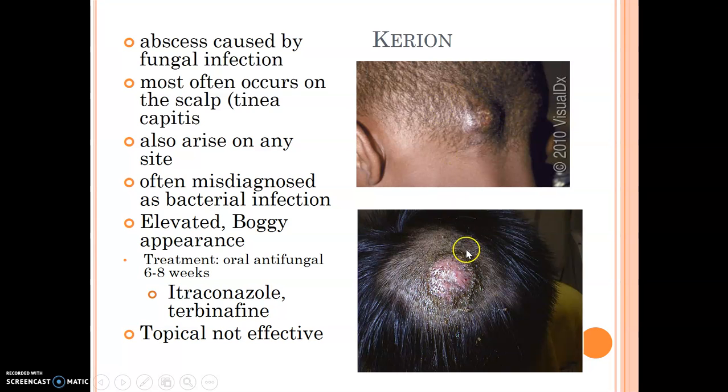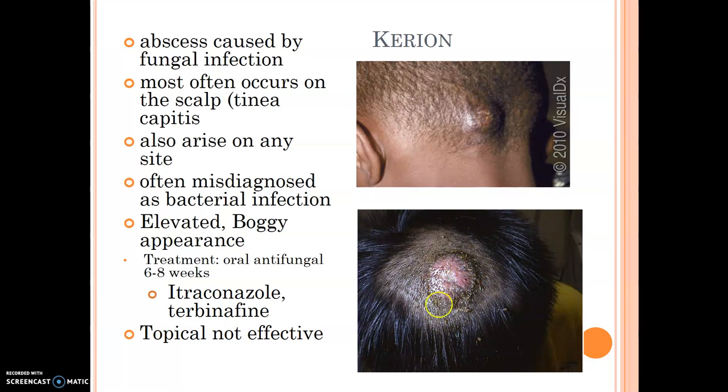It is quite obvious in this picture where you can see an area of alopecia caused by tinea capitis, a fungal infection of the scalp. But then in the middle, you have this boggy raised area of abscess, which is caused by fungal infection.